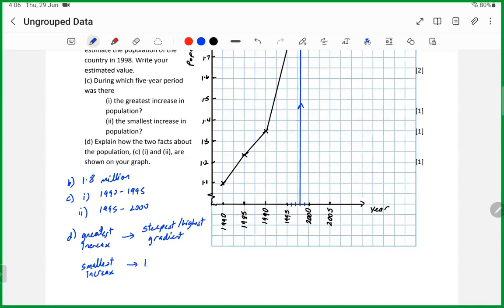And the smallest increase will be the lowest gradient, or the smallest gradient, right? Great, and that's how we show the two facts on the graph. Now it's 1 mark, so if you just said with the gradients of the graph, most likely you would have gotten the mark, but we want to just be certain.